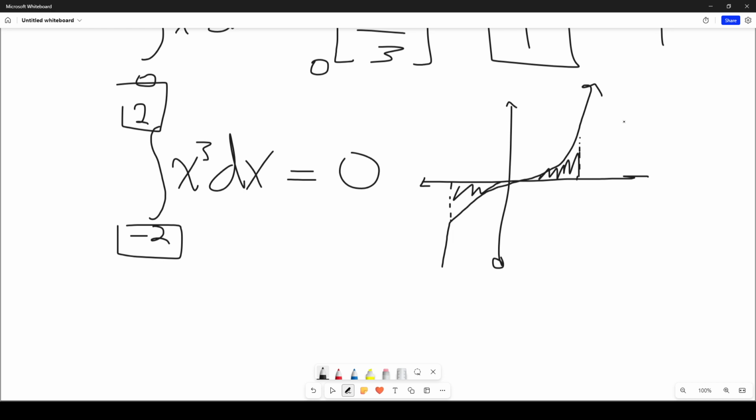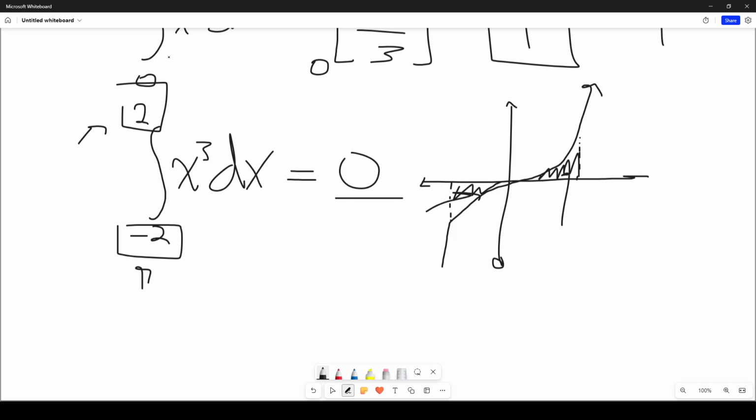And we can talk about that in a second. What that means is that this area is the same as this. And since this is negative area, meaning it's under the x-axis, it's going to cancel out with this positive area. So we're just going to clearly get 0. This happens only when the lower bound is the opposite of the upper bound, right? The same would be the case if it was from 2 to negative 2.